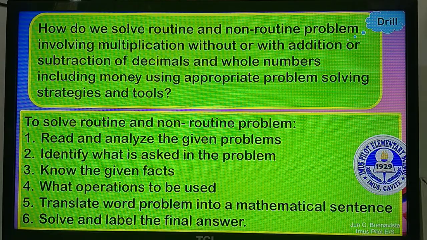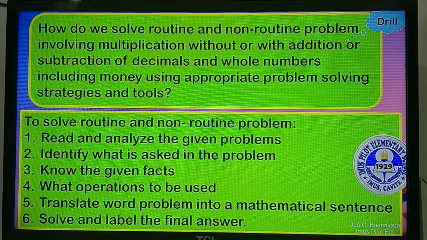Then, after you know the given facts, you're going to know what operations to be used. To find out the operations to be used, you are going to look at the clue words or the clue phrases found in the problems given to you. Okay, then after you know the operation, translate the word problem into a mathematical sentence.